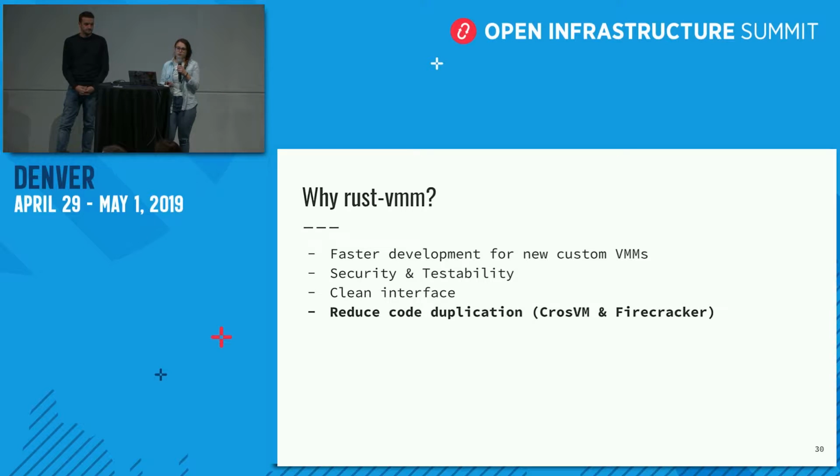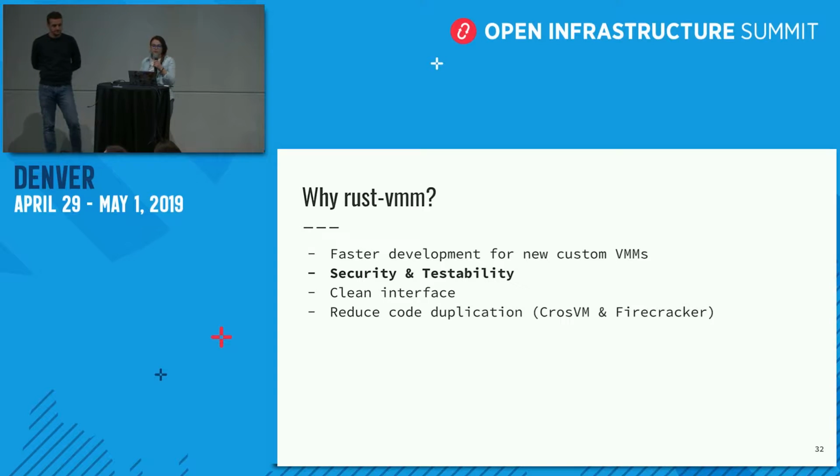So the first idea with rust-vmm was to reduce code duplication between CrossVM and Firecracker. But in order for these virtualization components to be usable by both projects, we had to come up with a clean interface. So we are not just taking components and putting them somewhere for both projects to use. We are also working on refactoring and providing a clean interface. And the good thing about clean interfaces is that it's much easier to have security-focused and testable components.